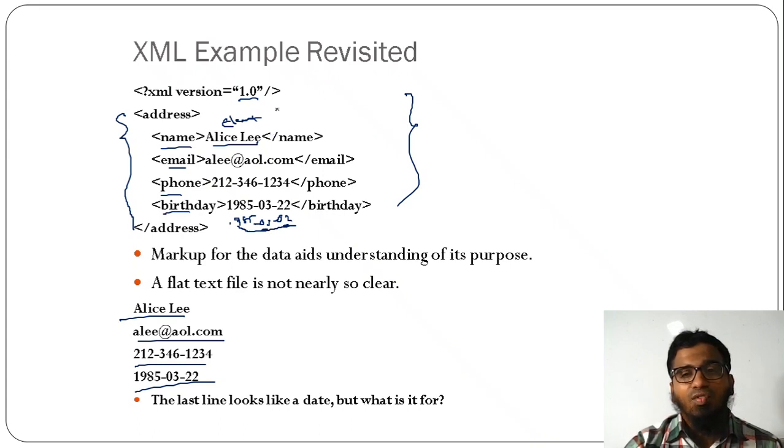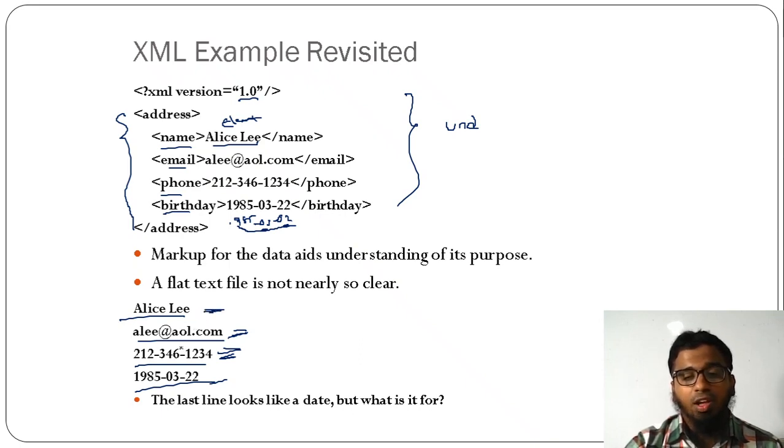When you revisit, meaning after writing the code you come back after one day, two days, or many years, you can easily understand the code. But here if you see, we cannot understand what this number is, or this one. This is an email ID, we can identify it, but is this a name or an area name?